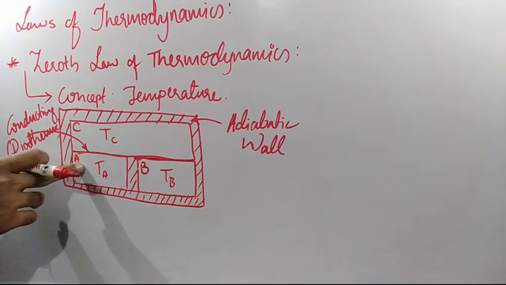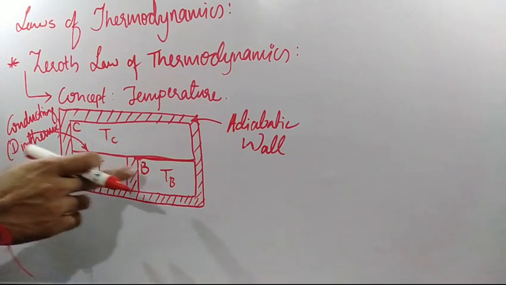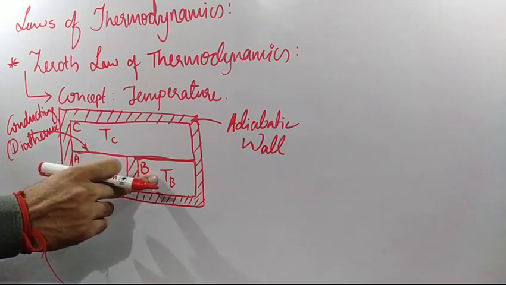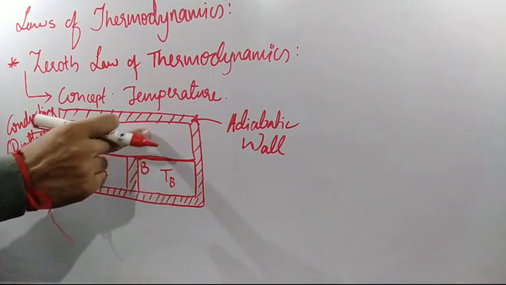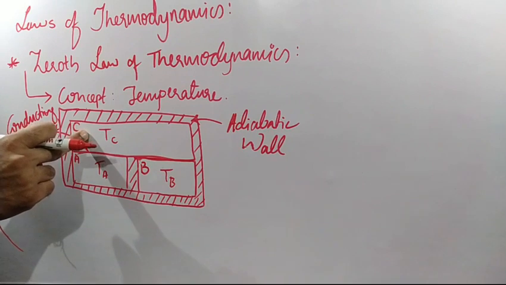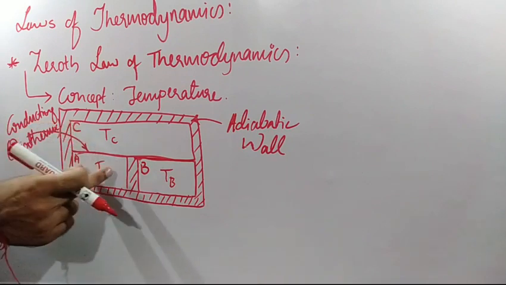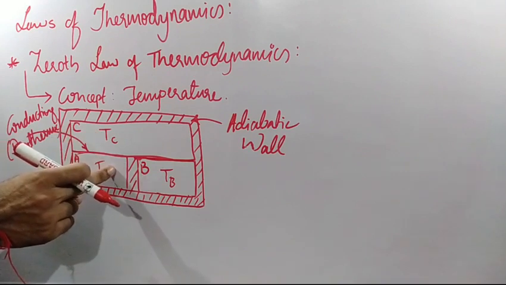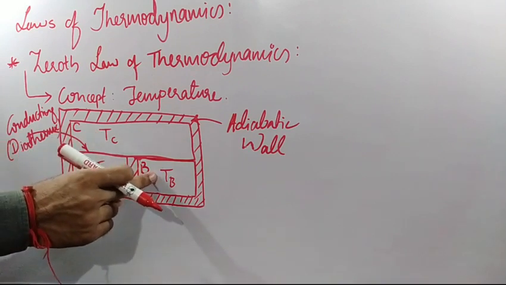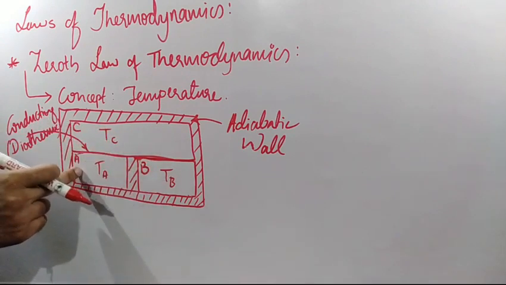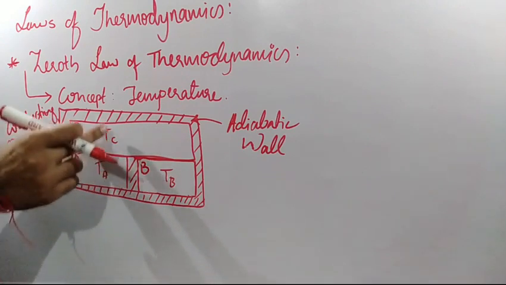If two systems, system A and system B, are separately in thermal equilibrium with one more system C. Why am I using the word separately? Because A is in thermal equilibrium with C, but A is not directly in contact with B, while B is in contact with C. System A is in thermal equilibrium with C, this part.